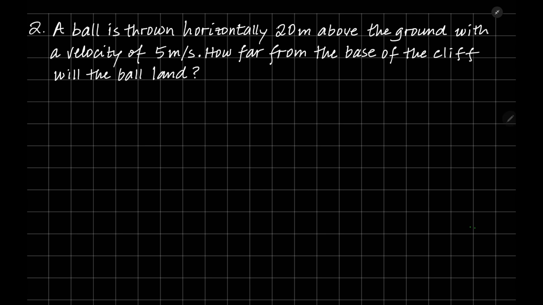The height of the cliff is 20 meters, and the initial velocity of the ball is 5 meters per second. We need to find the horizontal distance, x.